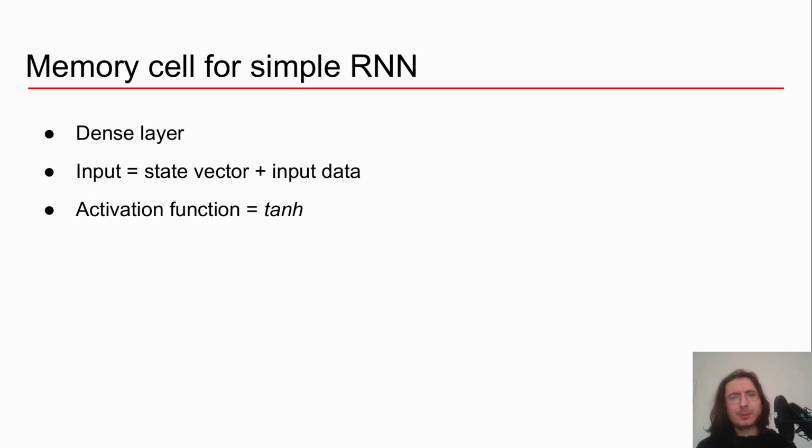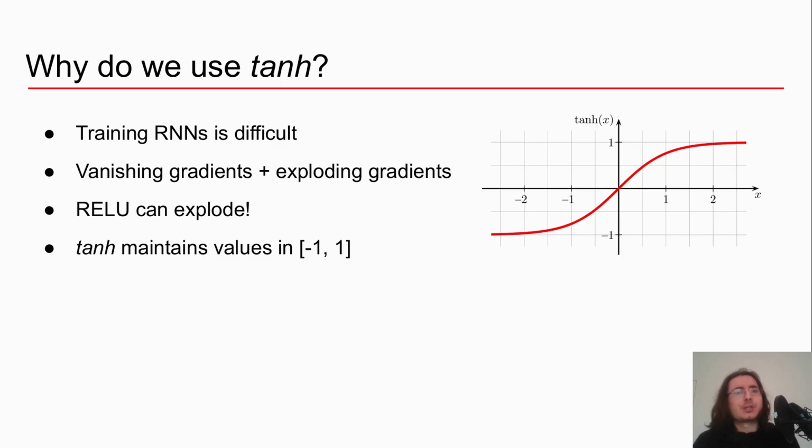Now you may be wondering, why are we using tanh? Haven't we always used other types of activation functions? It turns out that training an RNN is quite difficult for a number of reasons, but mainly we have vanishing gradients, so the gradients tend to disappear, and we'll understand why that's the case in a while.